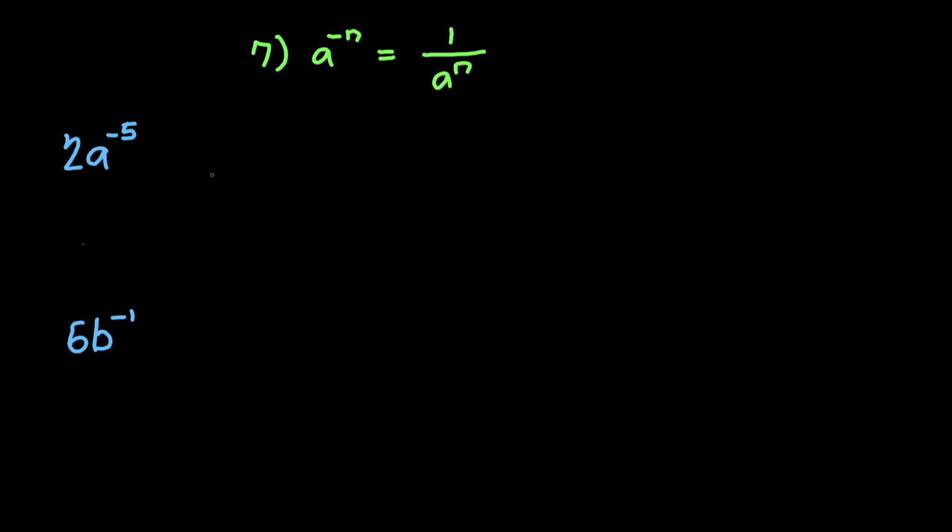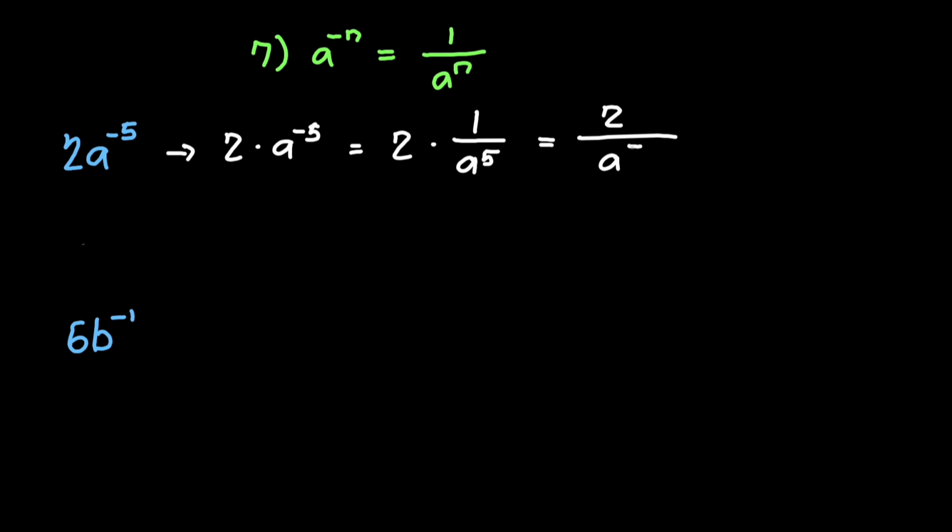2a raised to the power of negative 5. This can simply be 2 multiplied by a raised to the power of negative 5, and it will be 2 multiplied by 1 over a raised to the power of 5. But you can simplify this, so it will become 2 over a raised to the power of 5.